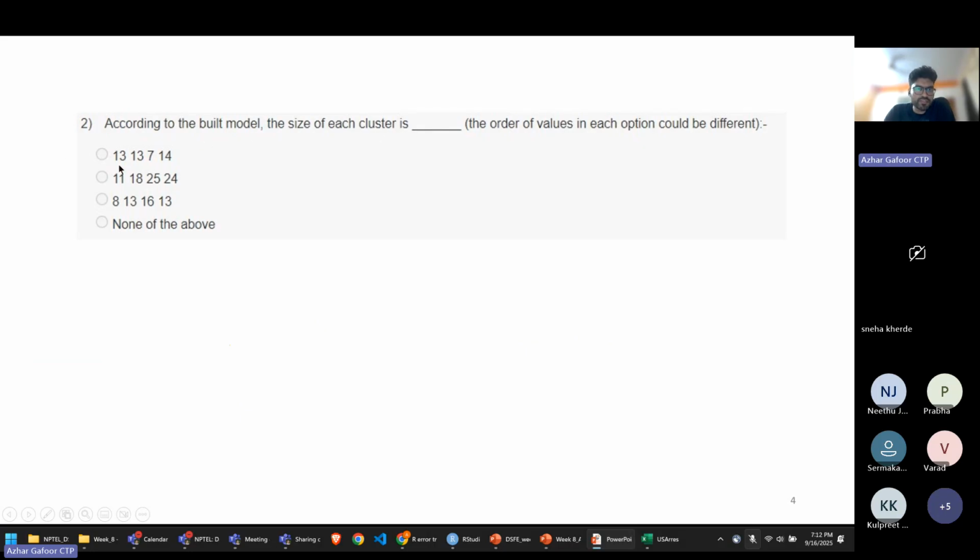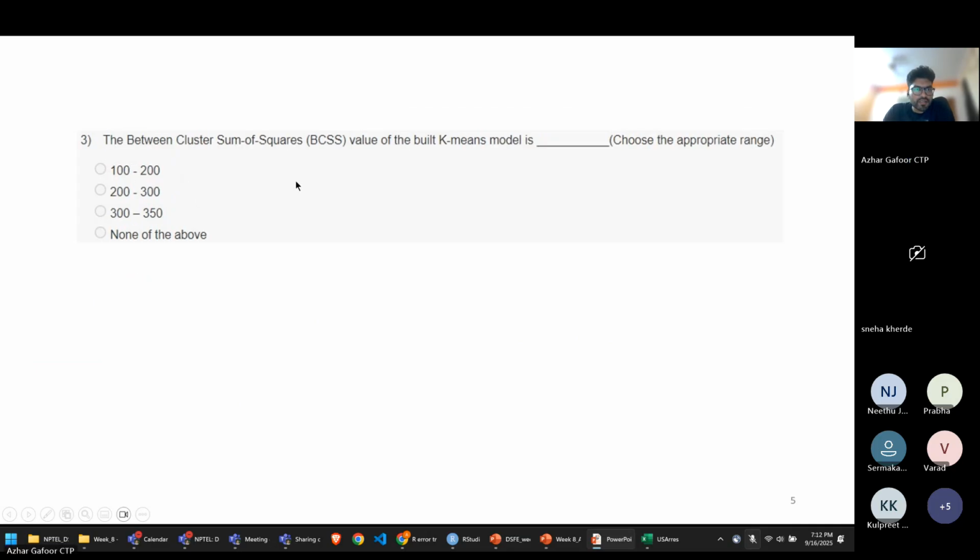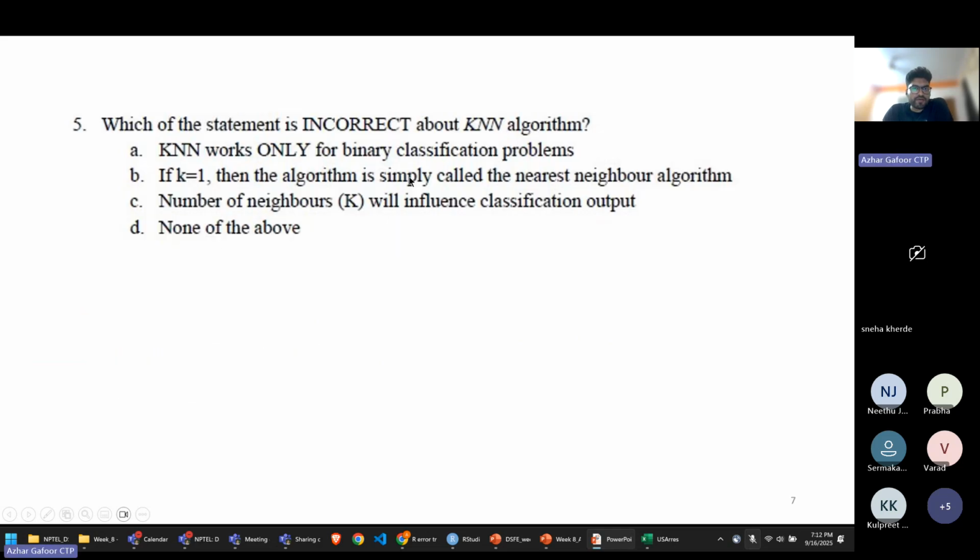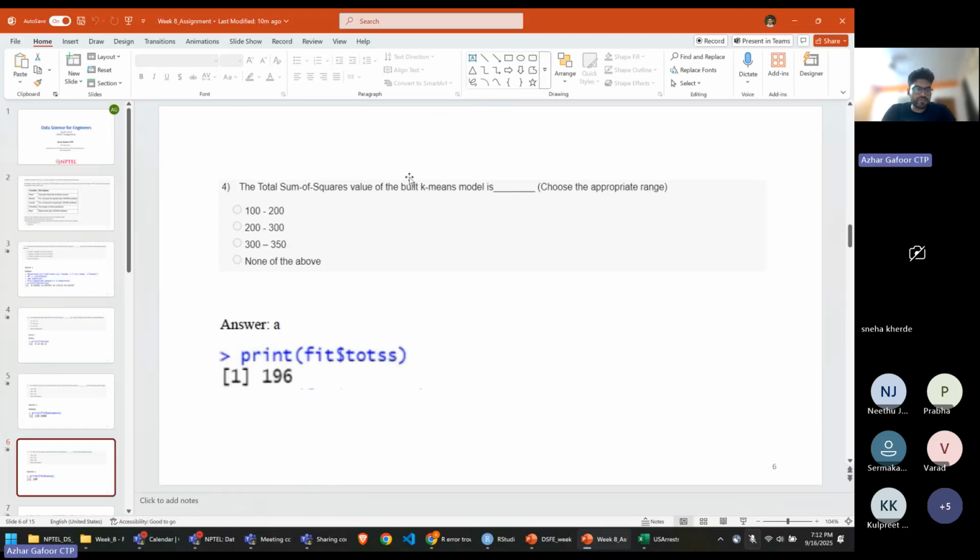So it will show us how many data points are in each cluster. And then the between cluster sum of squares value we have to print, and the total sum of squares. And finally, okay, so those 4 questions will be solved.